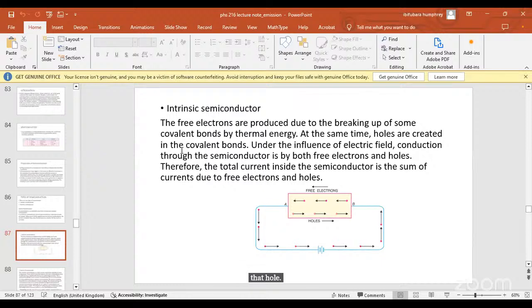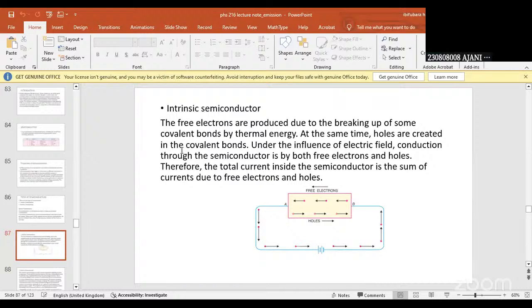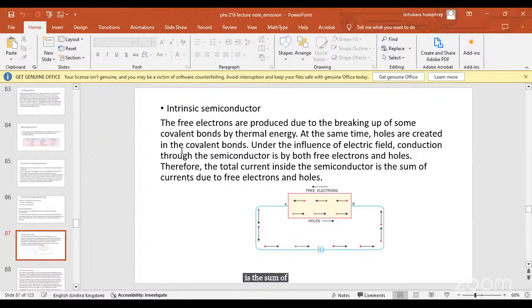So under the influence of an electric field, conduction through the semiconductor is by both free electrons and holes. Therefore, the total current inside a semiconductor is the sum of the electron current and the hole current.